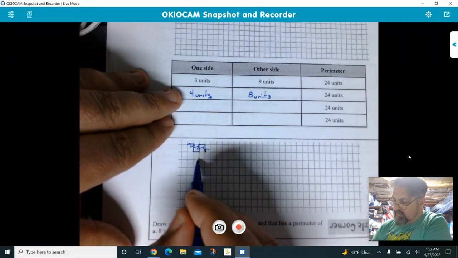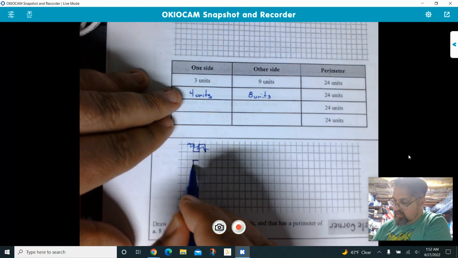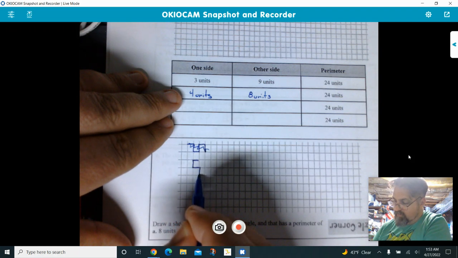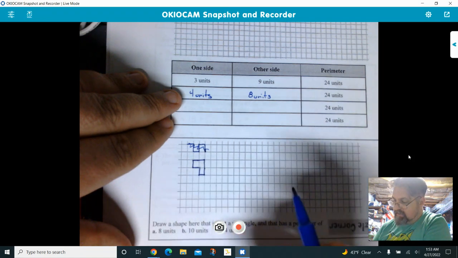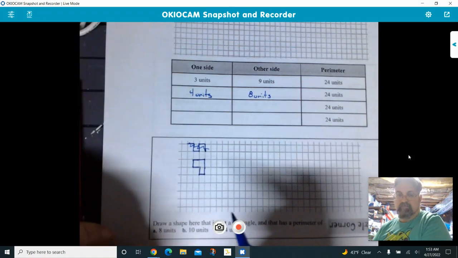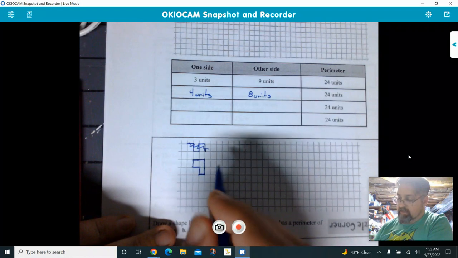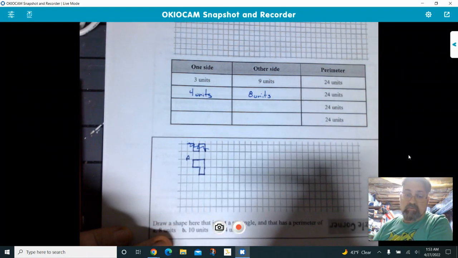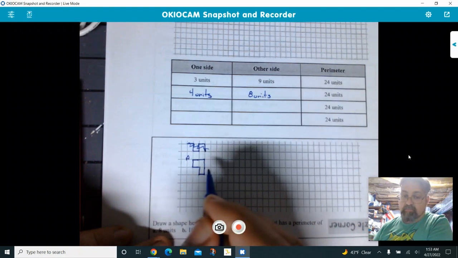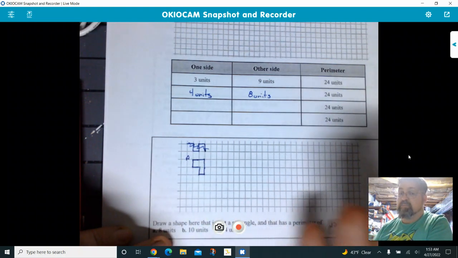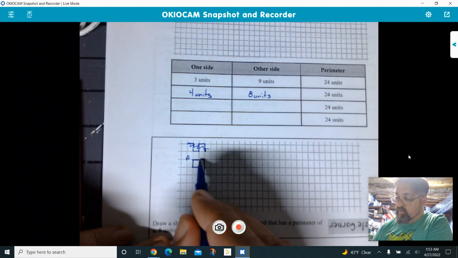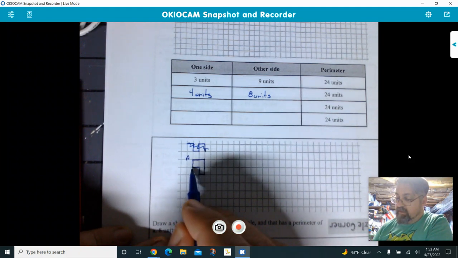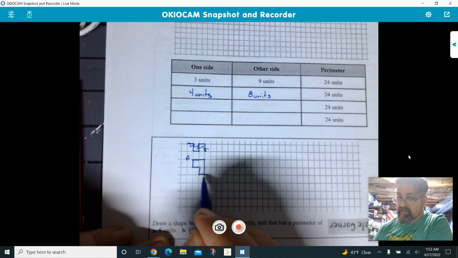If I go 1, 2, 3, 4, 5, 6, 7, 8. Okay. That's one way to get a shape. It's not a rectangle, but has a perimeter of 8.